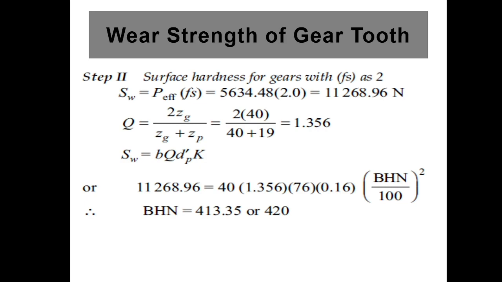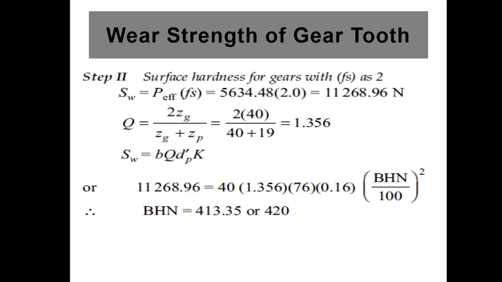Now we put in the values. The wear strength is 11,268.96, B is equal to 40, and Q we calculate from Q equal to 2 ZG divided by ZG plus ZP. Here ZG is the number of teeth on the gear and ZP is the number of teeth on the pinion. So Q comes to 1.356.